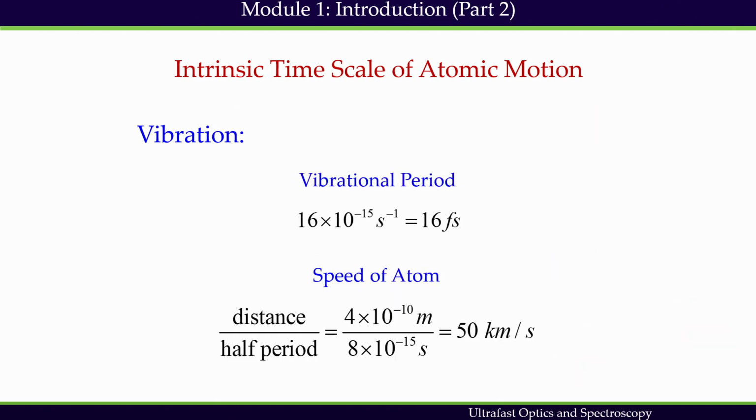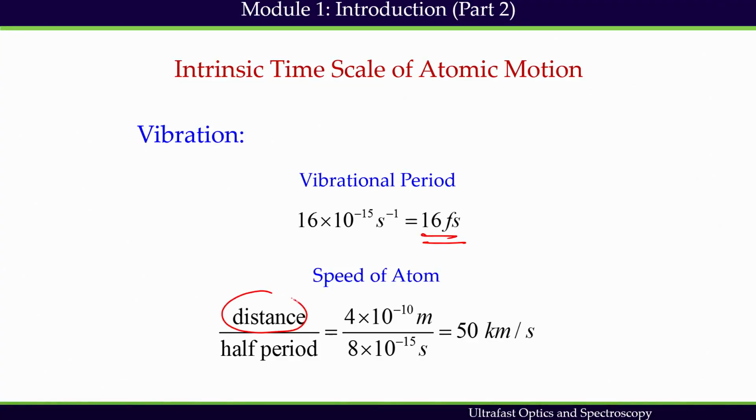If we look at the vibrational period of 16 femtosecond one more time, and try to find out the speed of an atom during the vibration, then we have to assume that the critical distance traveled by an atom during dissociation is 4 angstrom. Let's say I will assume that once the two atoms are at a 4 angstrom distance, the bond is dissociated, the bond is broken.